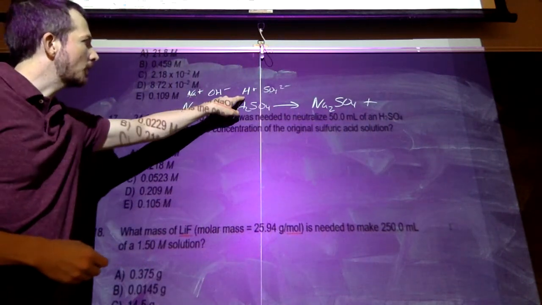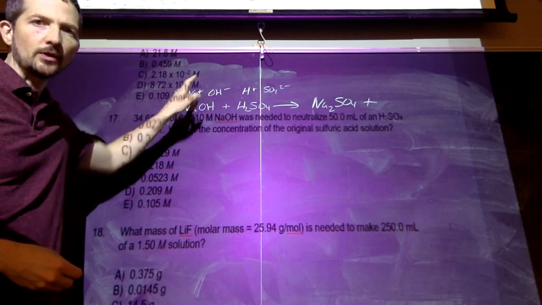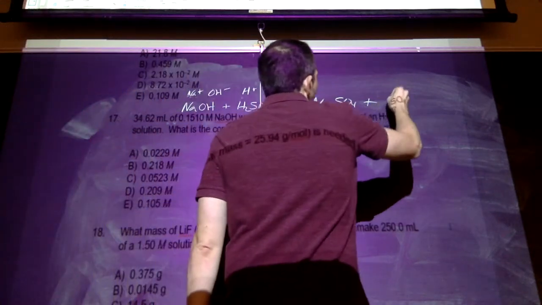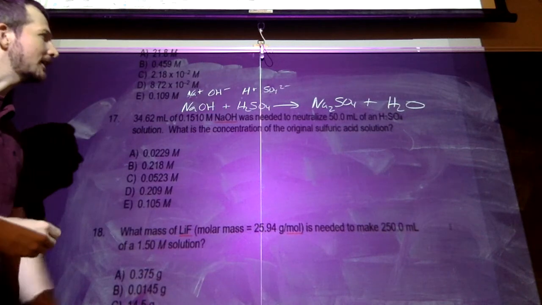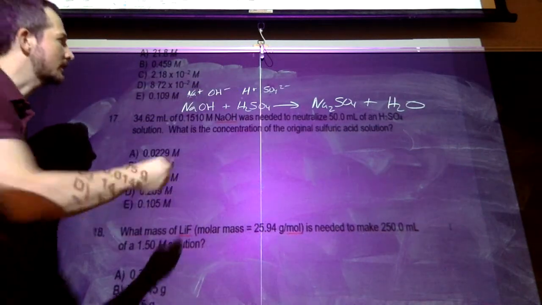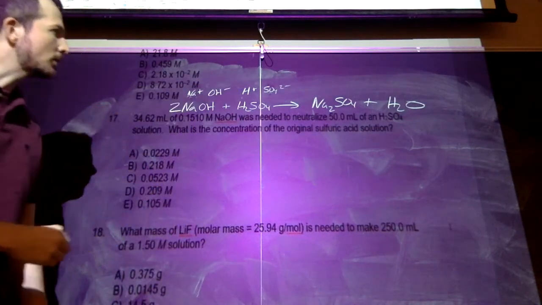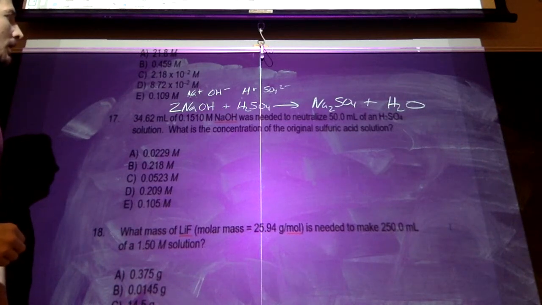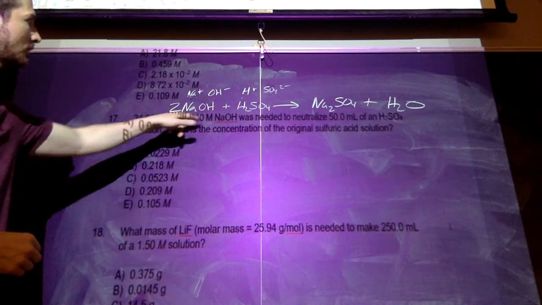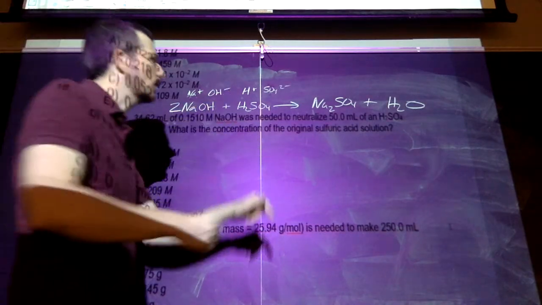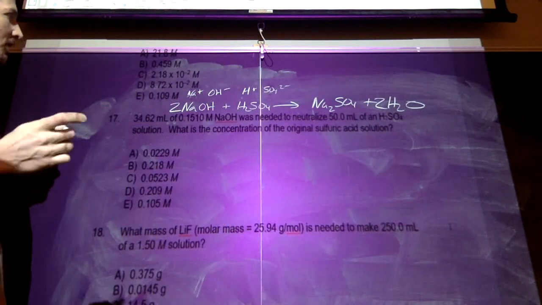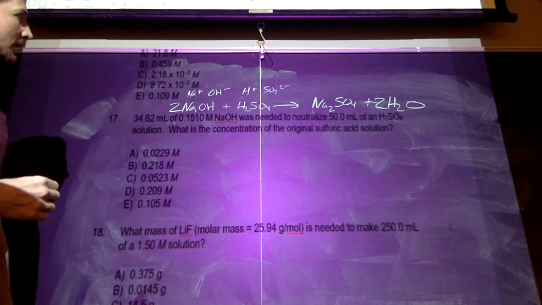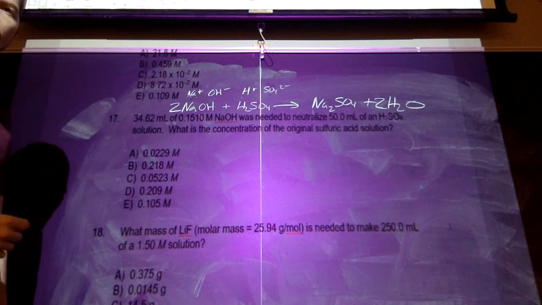Then positive of my second, negative of the first, so there's my water. So now I need to balance that out. I have 2 sodiums on that side, so I need 2 sodiums over here. That gives me a total of 4 hydrogens, so I need 4 hydrogens on this side. Now oxygens, 6 oxygens on both sides, 1 sulfur, so now it's balanced.